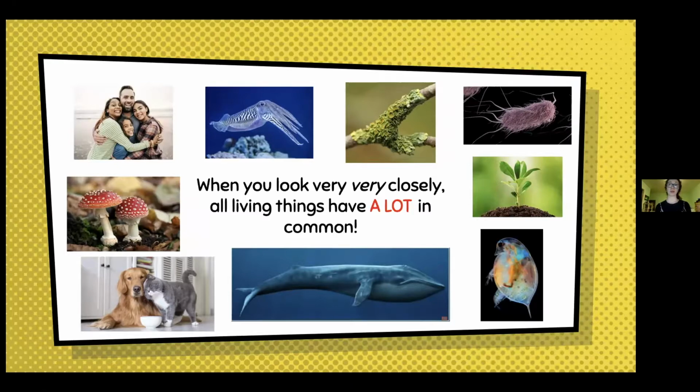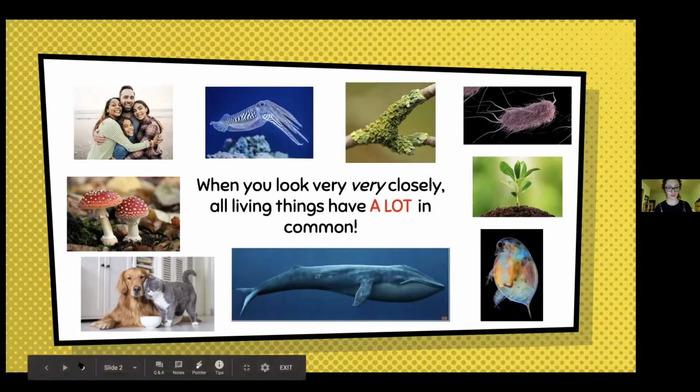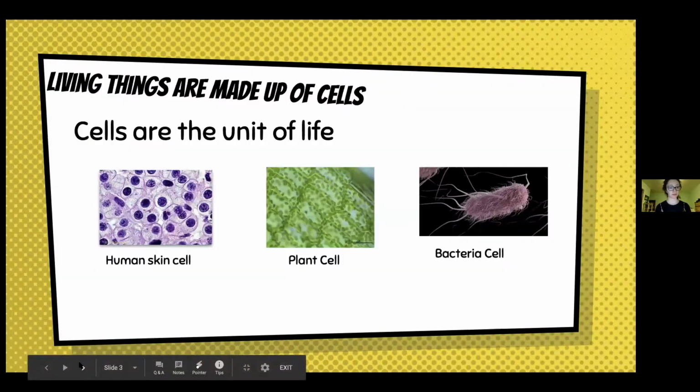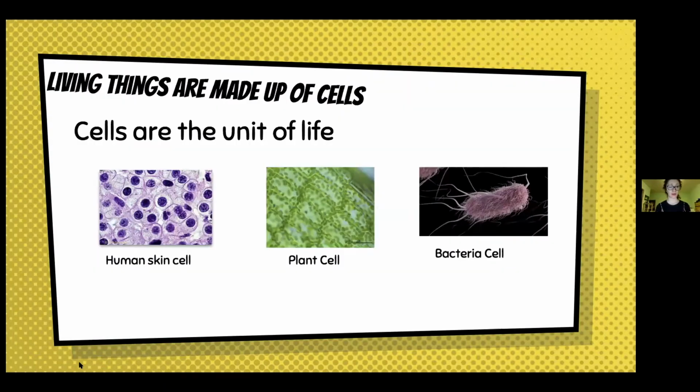And the fact that we are all alive, we are all living organisms, means we actually have a lot in common. And one of those main things that we have in common is that we're made up of the same units called cells. So cells are what we call the unit of life. And just as the diversity that we saw on the first slide, that diversity in cells is reflected in different organisms.